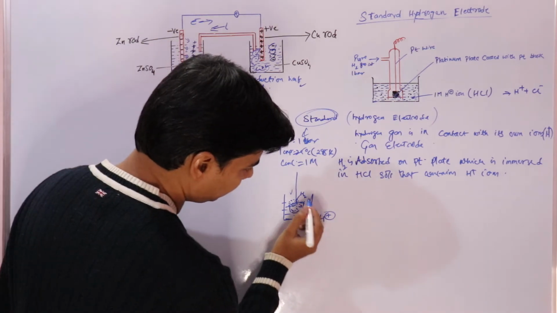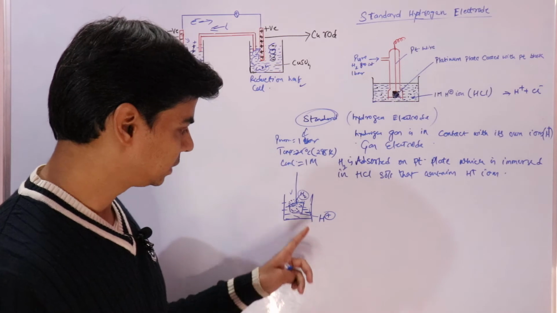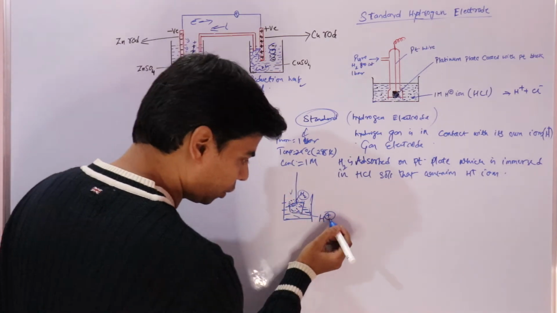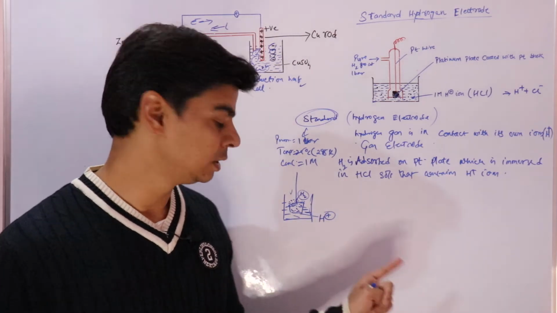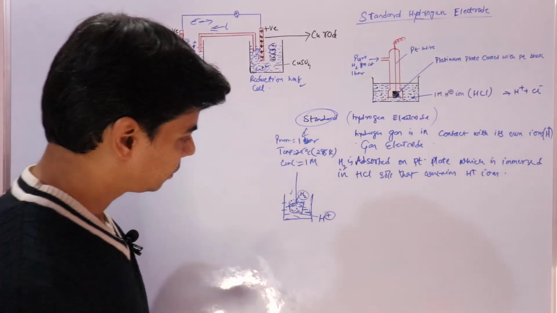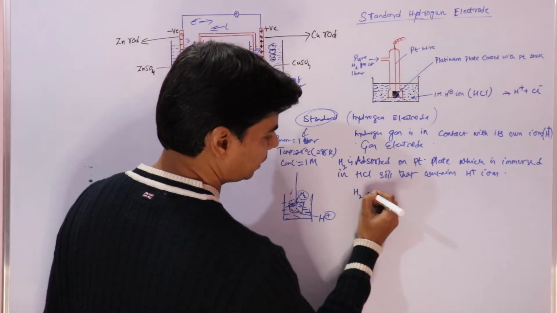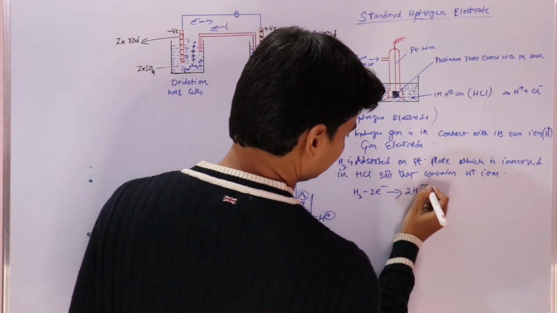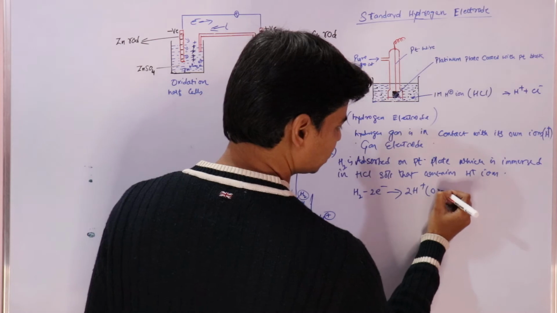Either this hydrogen will form hydrogen ions, that is, oxidation of hydrogen takes place to form hydrogen ions, or the hydrogen ions will form hydrogen gas, so reduction of hydrogen ions will take place to form hydrogen gas. We write these as: hydrogen will lose 2 electrons to form 2 hydrogen ions. This is your oxidation reaction.